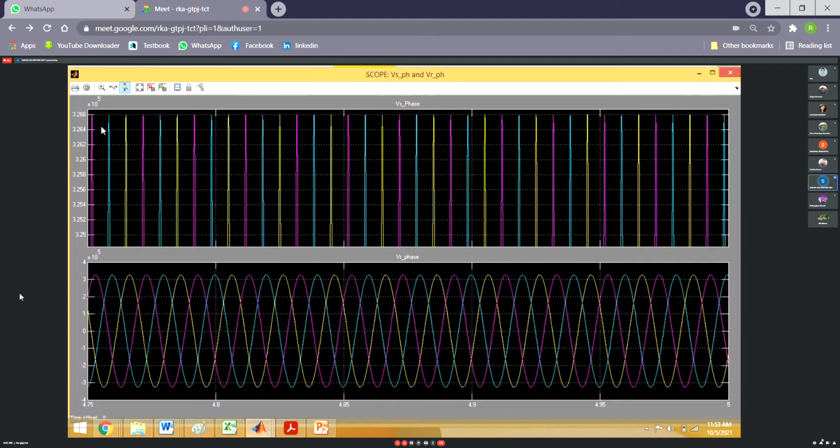Have you written 3.266 into 10 to the power 5 volt? All of you have written.